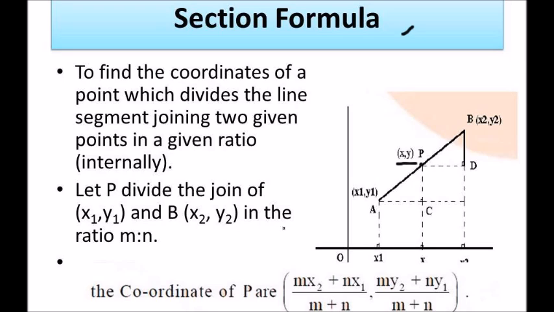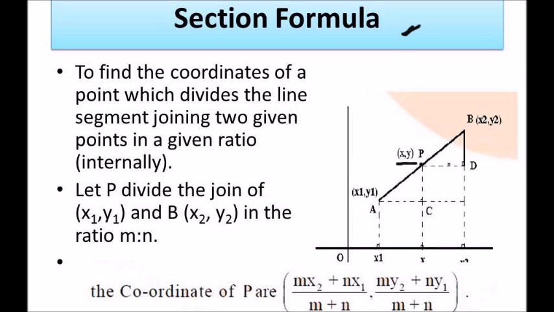internally. Now here A and B are 2 points: A is x1 comma y1 and B is x2 comma y2. Then P divides the line segment AB and its coordinate is x comma y. Let P divide the join of A x1 comma y1 and B x2 comma y2 in the ratio m is to n.